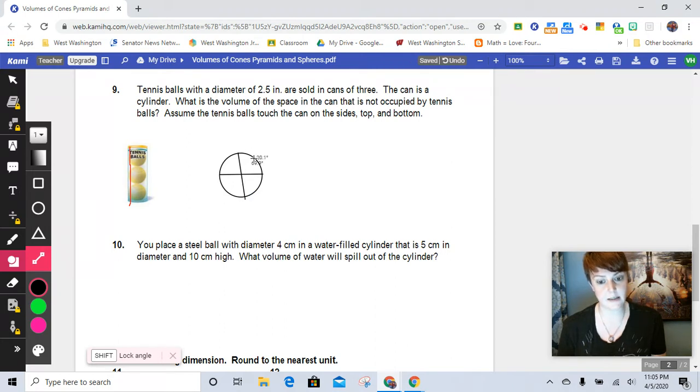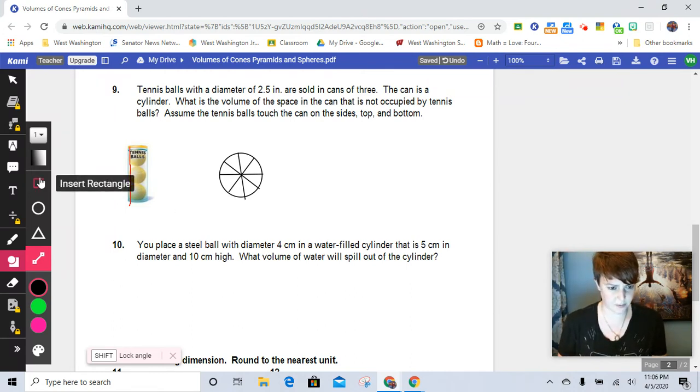Whenever you're slicing a pizza, every cut you make should be a diameter. See, there we go. All of those are diameters. They go through the center. And so if the diameter is 2.5, then that means that this can is 3 2.5s tall.